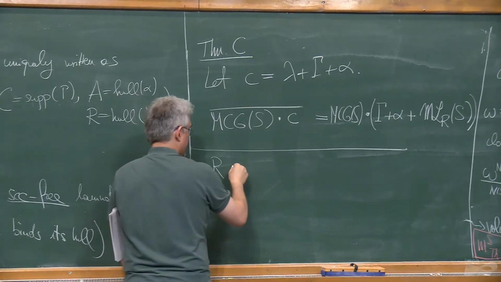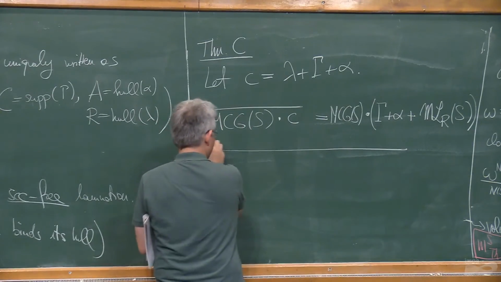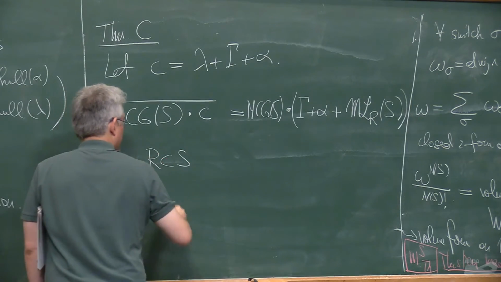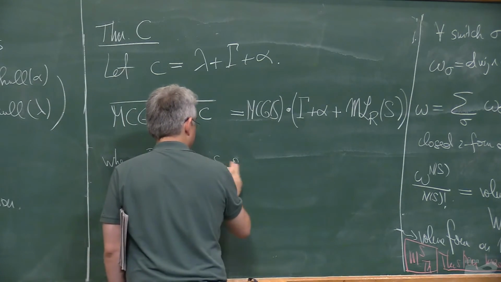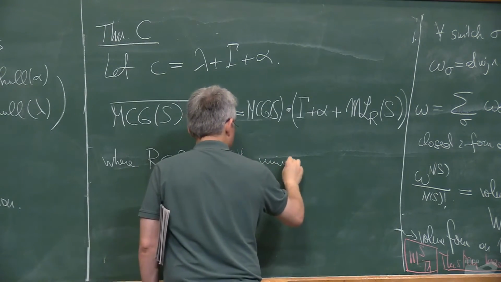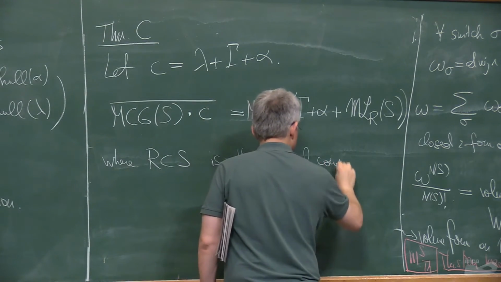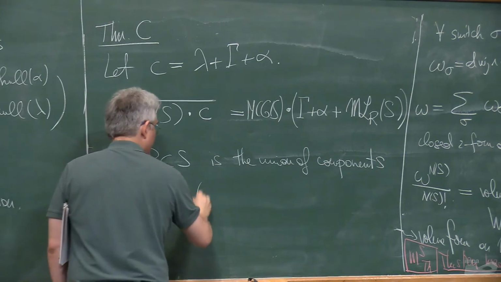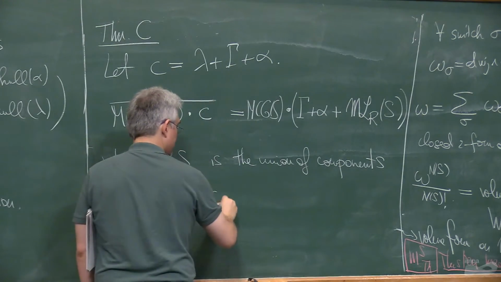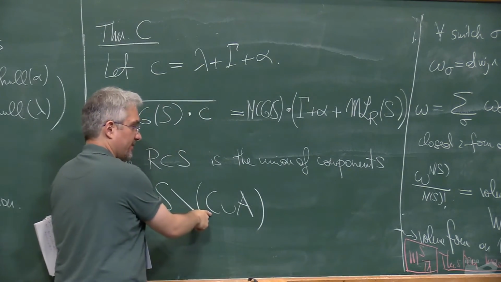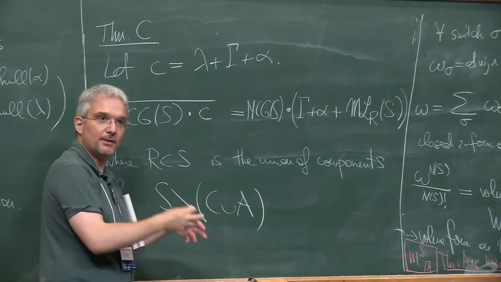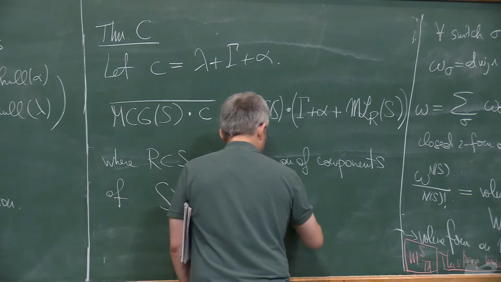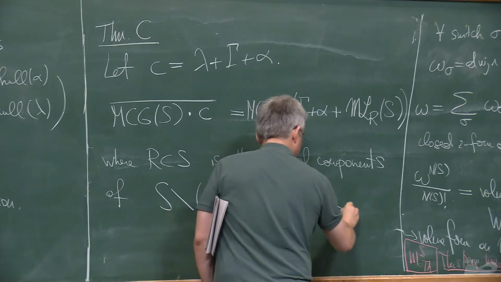If R is a subsurface, where R, I didn't tell you what R is, R is a subsurface which is a union of connected components of S. We remove the supports of these two. So we remove this multi-curve and we remove this hull of alpha. We get chunks of the surface. We take all components that meet the support of lambda.